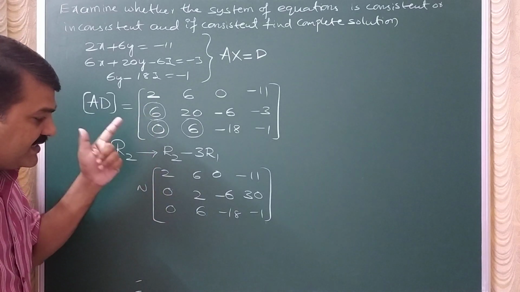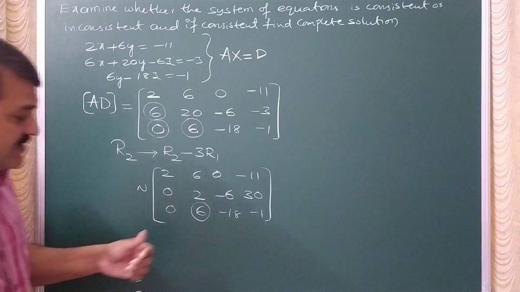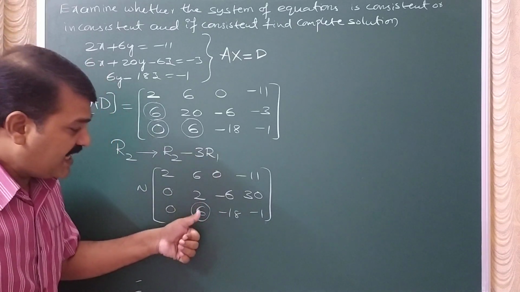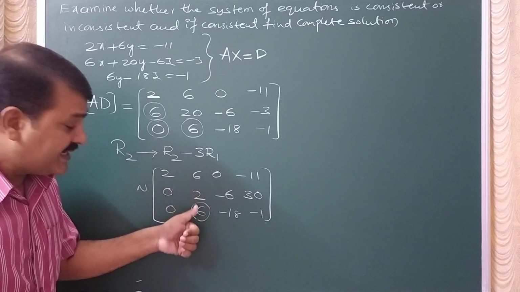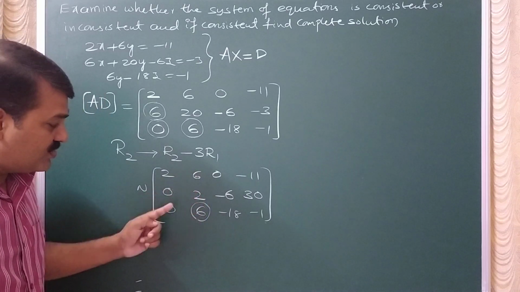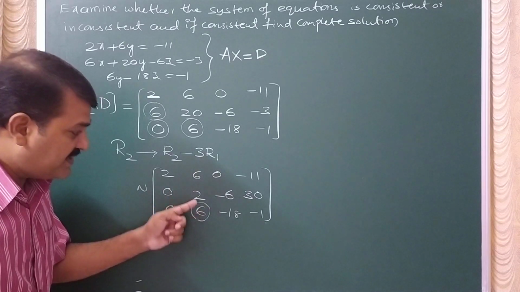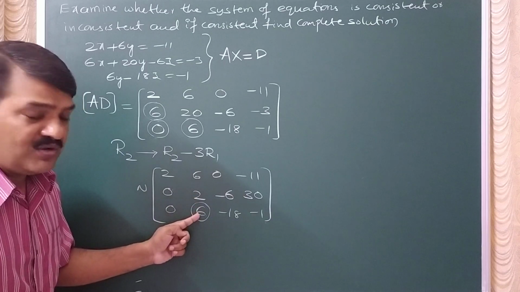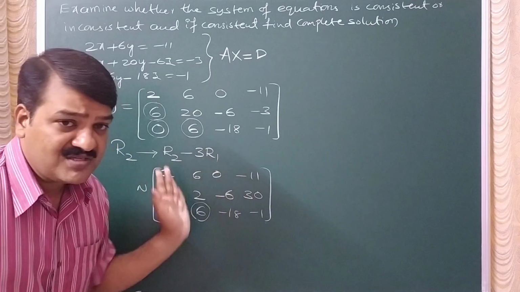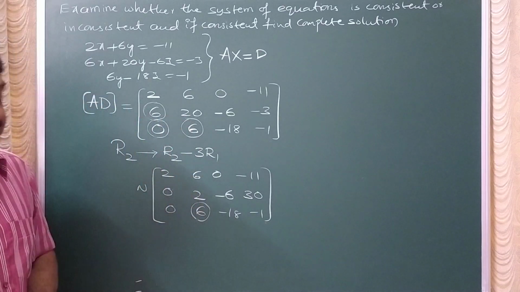Now coming to the second task, I have to get 0 in this place. To get 0 in this place, we have to use the second row only. I cannot use the first row because if I use the first row, this 0 is going to change. So I should use only the second row, and anyhow column transformations are not allowed. Only row transformations we should use.